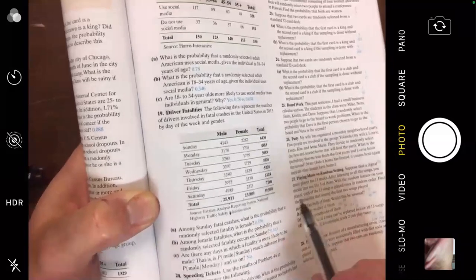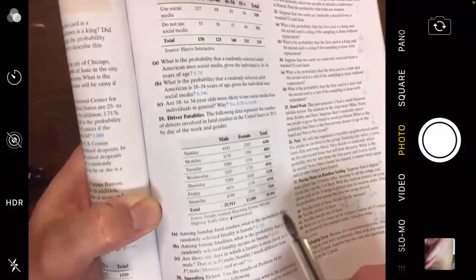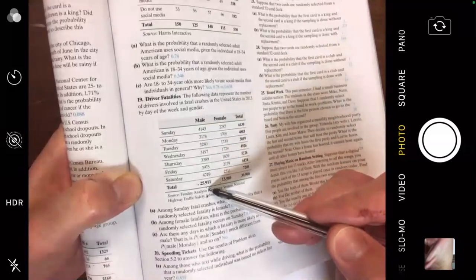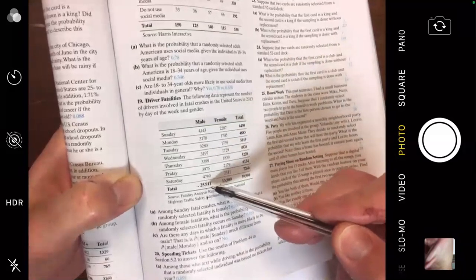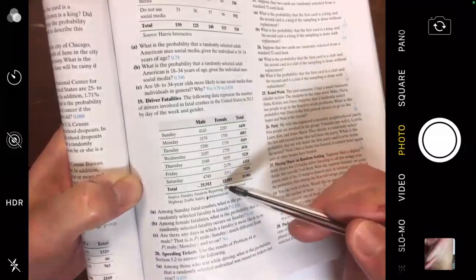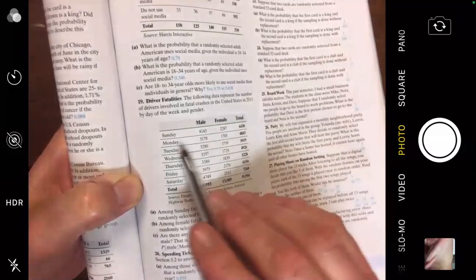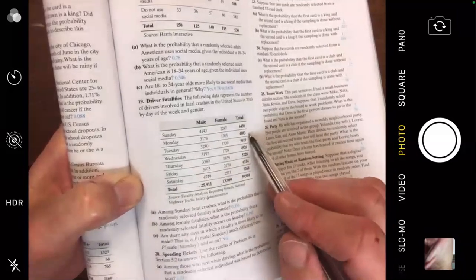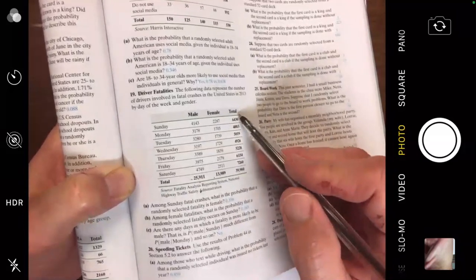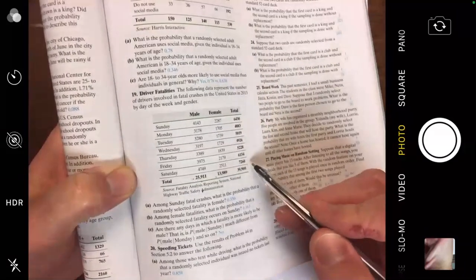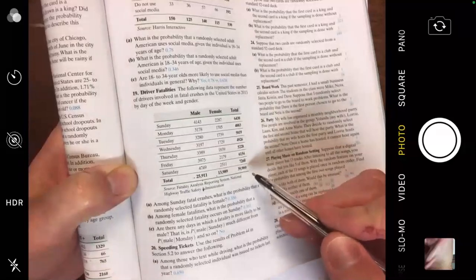Okay, you ready to try one of the problems? Same idea. You can total down this way. This would be the total males. You can total vertically. This would be the total females. Then they total both of them across, and this would be the total Sunday crashes, total Monday crashes, etc. And if you total the totals vertically here, horizontally here, you've got to come to that same number in the corner.